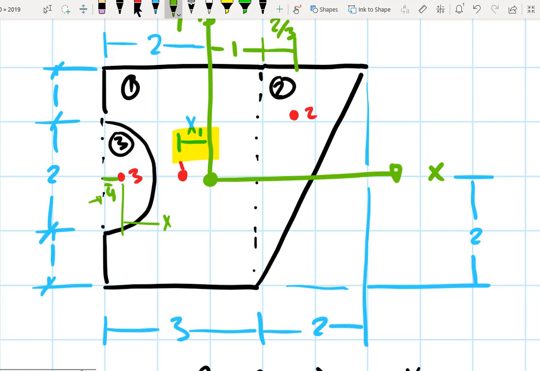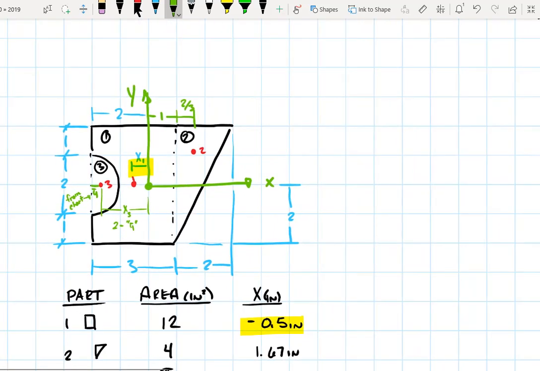So that y bar is from the chart, not actually in the y direction. I want this distance, x, this is part 3. So that's going to be 2 minus what they have as y bar.